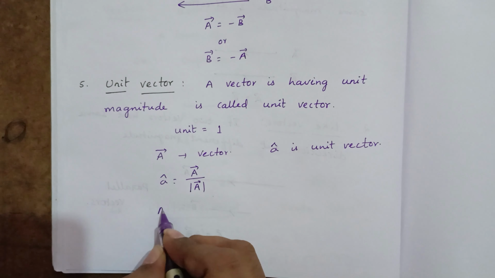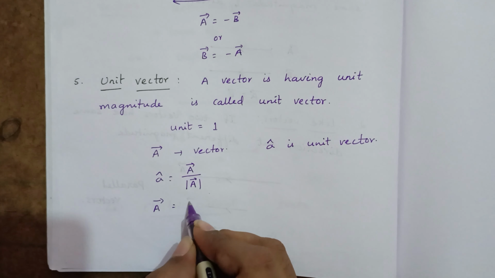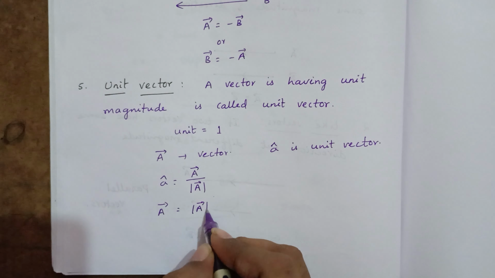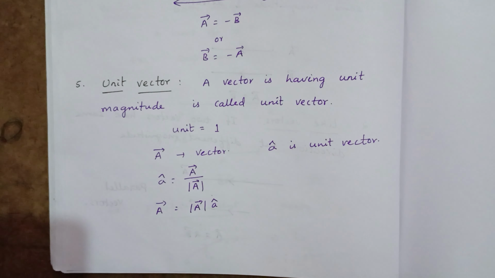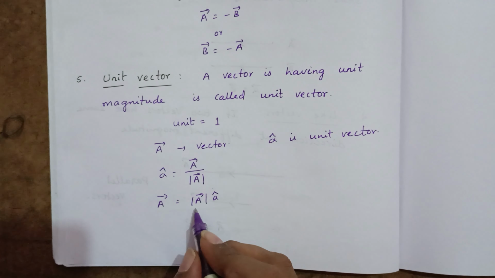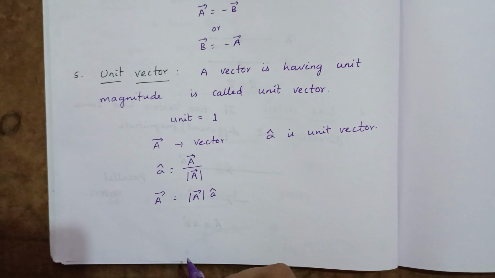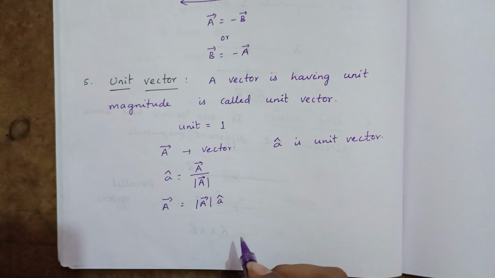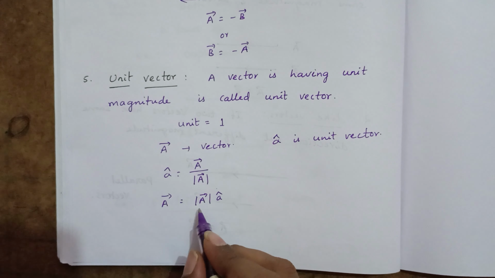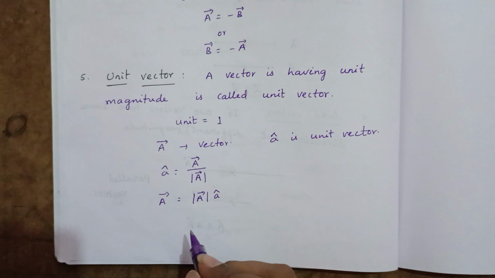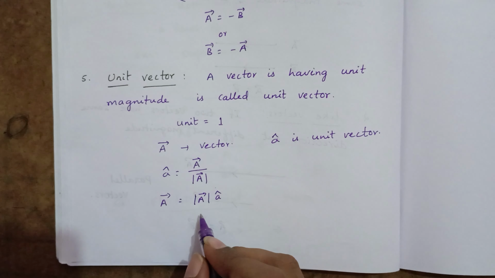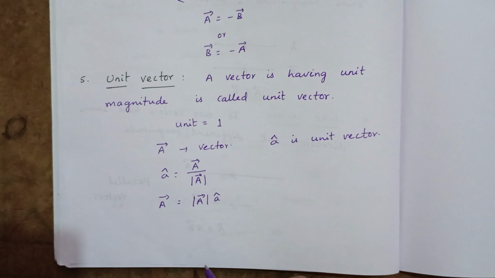So a vector equals magnitude and direction, that is, magnitude of the vector into unit vector. The magnitude of a vector is a scalar.